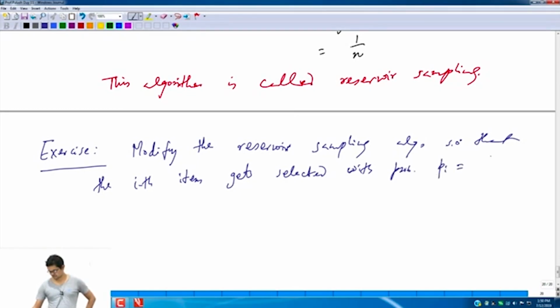Maybe you can take this as 1 over 2 to the i.